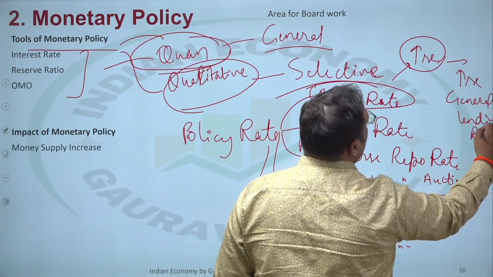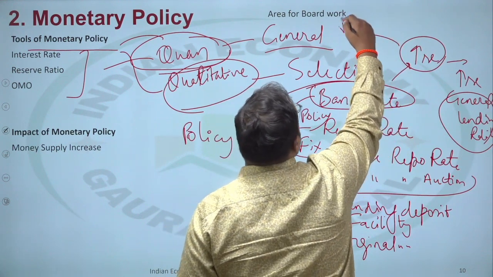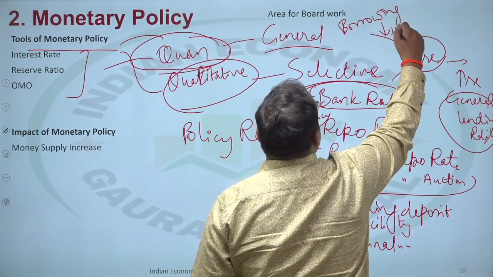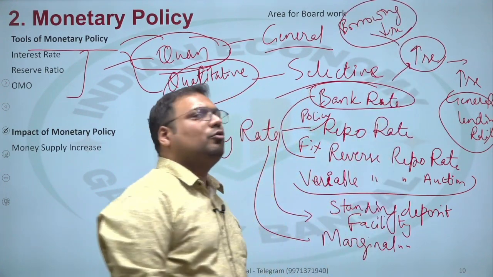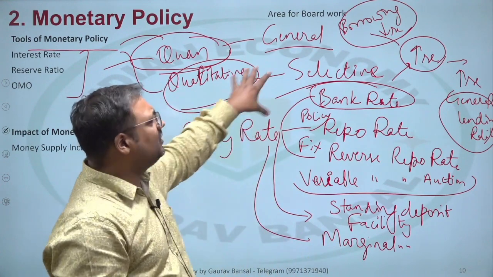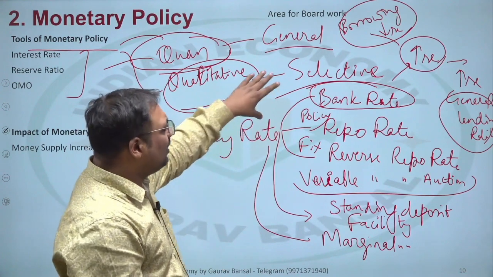And if the general lending rate is going to increase, this will impact borrowing. Borrowing will reduce. If borrowing reduces, demand will go down in the economy, and investment will go down in the economy. That is the impact, and the impact will be the same for all of them. But let us move ahead.